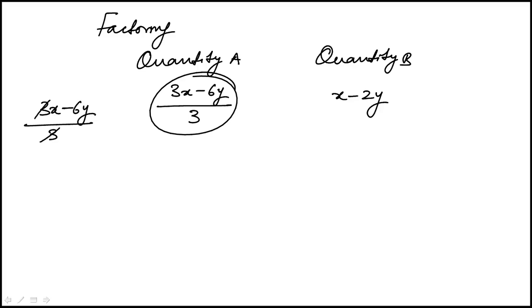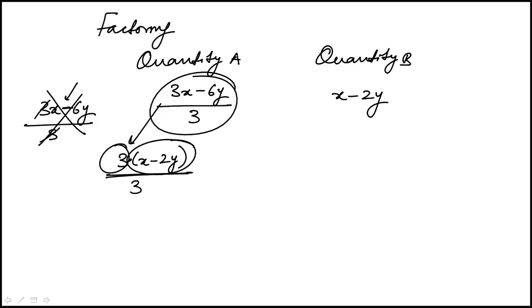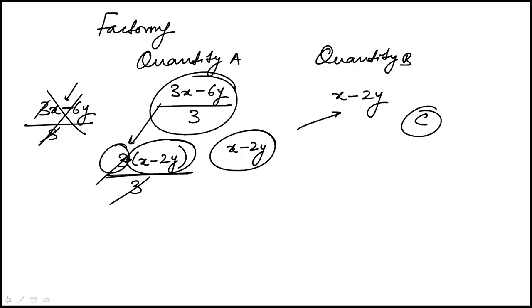You can't do that. If you have a minus or a plus, don't ever strike out numbers. Instead, I would recommend to factor a common term in the numerator. So if I factor 3, I get 3 times x minus 2y over 3. Now this is a multiplication of these two terms and divided by 3. Now we can strike out the 3. So here again, quantity A and B, they're identical, and the correct answer is C.